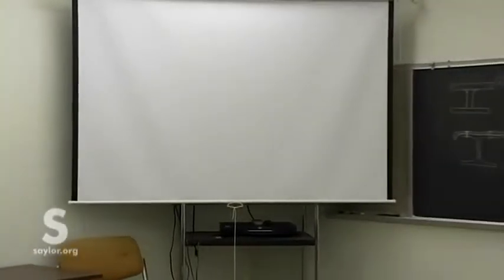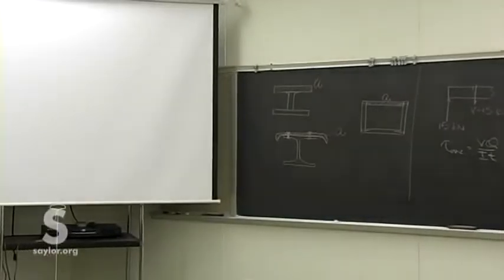Remember, this is Y bar A for the appropriate area that I've been cross-hatching in red, the area above the plane of interest, beyond the plane of interest from the neutral axis.